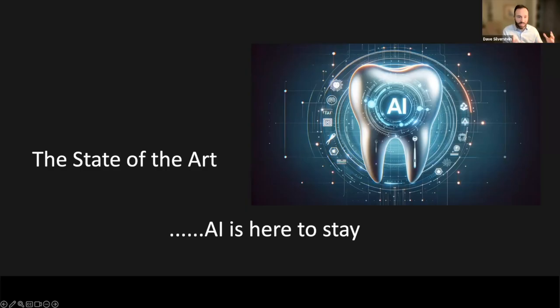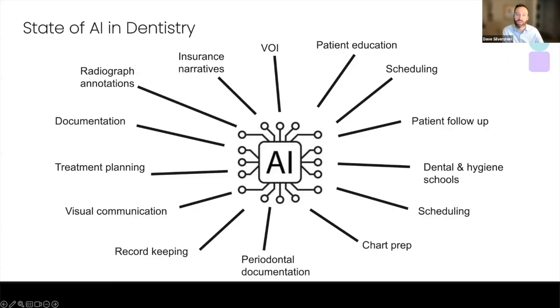And in 2026, the state of what we do, patients are really expecting this, and I have a slide about that. But AI is really here for good. There is no area of what we do that will not have AI putting its little tentacles in there over the coming years, right? Record keeping, chart prep, scheduling. Literally, it's in its infancy right now.